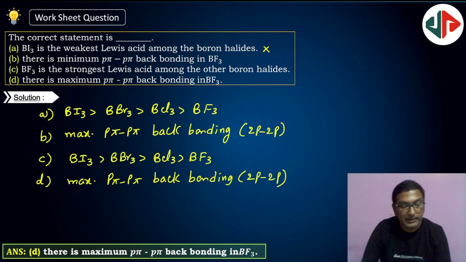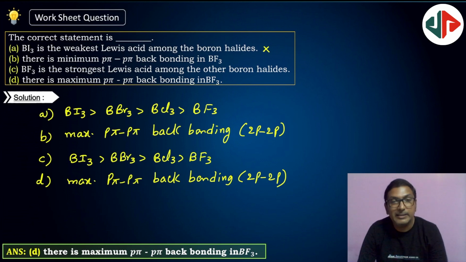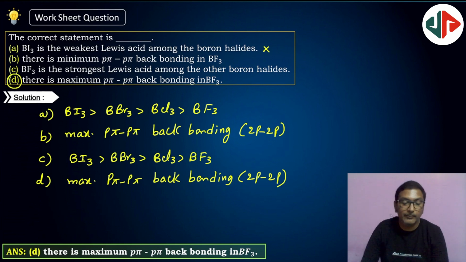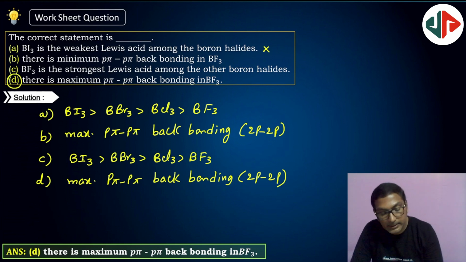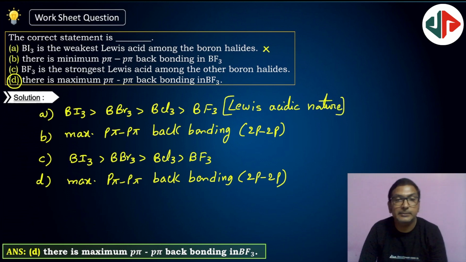Now we can check: there is maximum p-pi back bonding in BF3. That is the only correct one. Remaining are all wrong. So this is the Lewis acidic nature, very important. Here BI3 maximum, BF3 maximum is given, therefore C is also wrong.